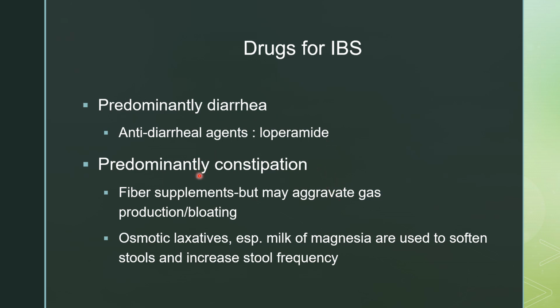For those who are constipated, we can use fiber supplements. But the problem with fiber supplements is that they may aggravate gas production and bloating. Your osmotic laxatives, especially milk of magnesia, are used to soften the stools and increase stool frequency.